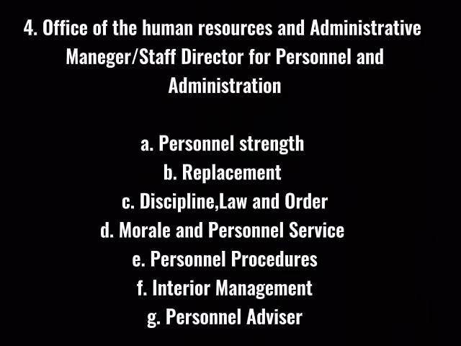He is the Principal Staff Assistant to the General Manager and Security Director for planning and supervising matters or activities pertaining to personnel management and miscellaneous administrative functions such as personal strength, letter B, replacement, letter C, discipline, law and order, letter D, morale and personal service, letter E, personal procedure, letter F, interior management, and letter G, personal advisor.